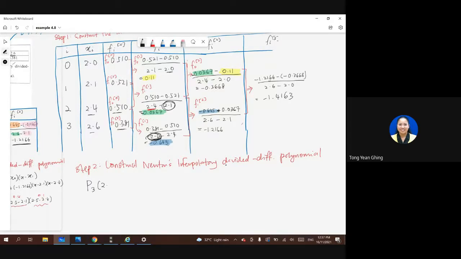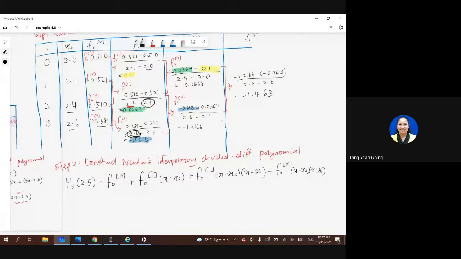So P3 now x is 2.5. So substituting directly is fine. We need f0 plus f0 first degree times (x minus x0), plus f0 second degree times (x minus x0)(x minus x1), plus f0 third degree times (x minus x0)(x minus x1)(x minus x2).